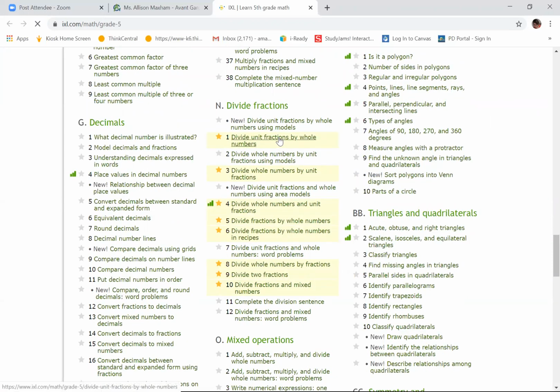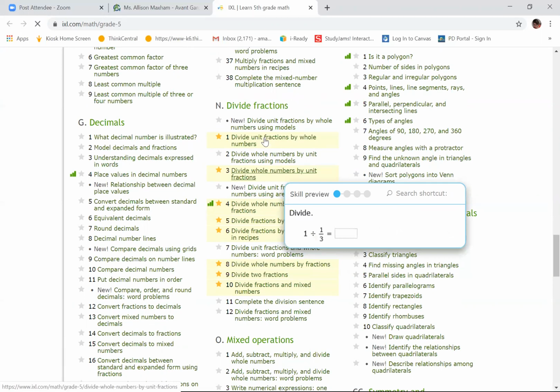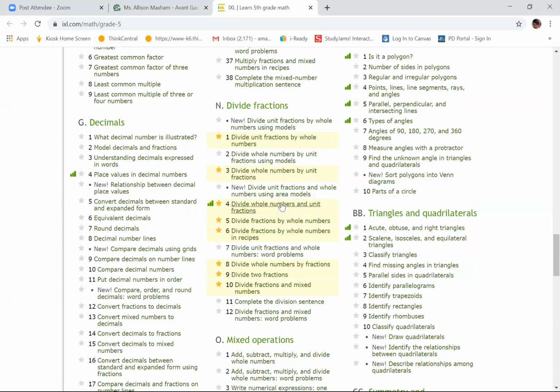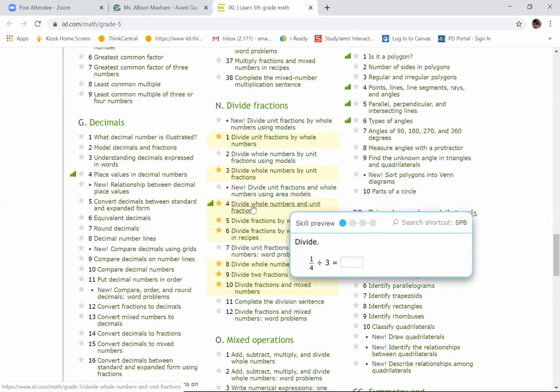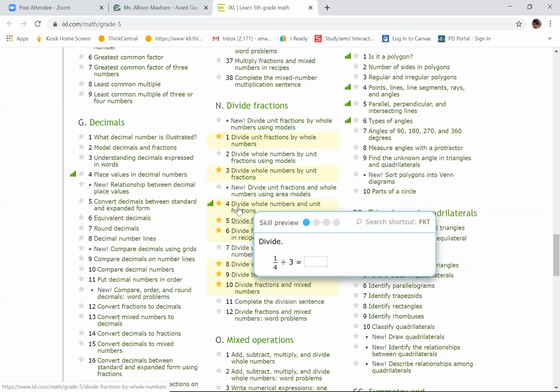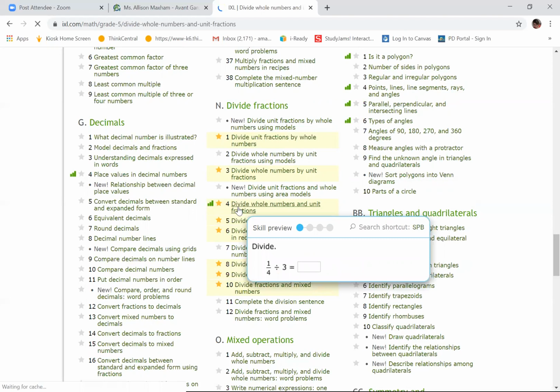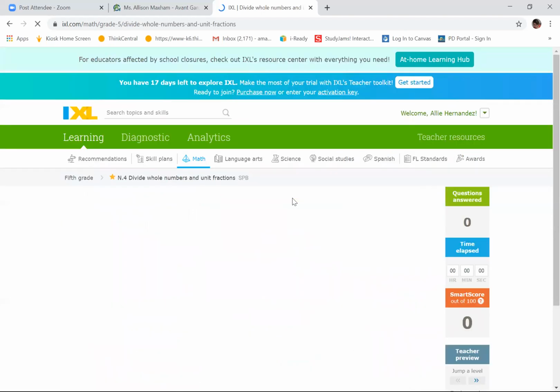Divide unit fractions by whole numbers. Divide whole numbers by unit fractions. Look at that. That unit fraction means it has a 1 as a numerator. And divide whole numbers and unit fractions. That's going back and forth. So that might be a really good one for you to practice. Divide fractions and mixed numbers. So all of these things are helpful for you in dividing fractions.